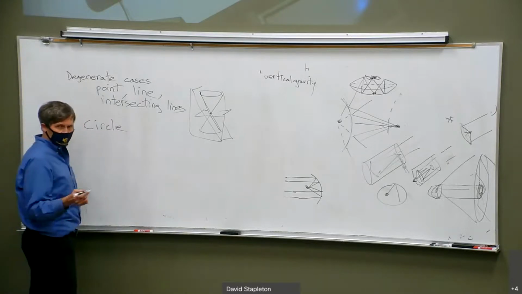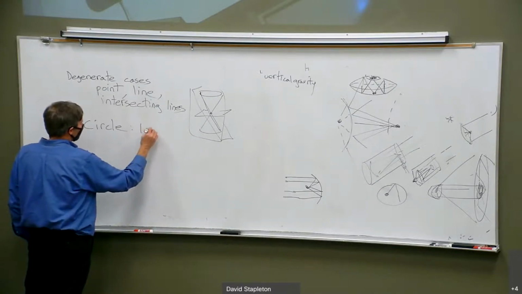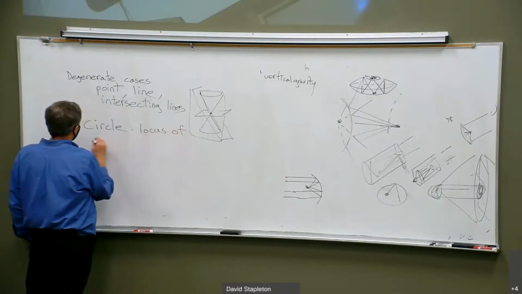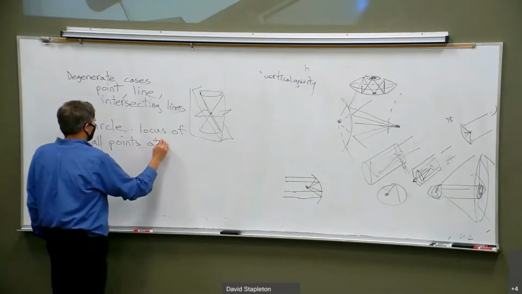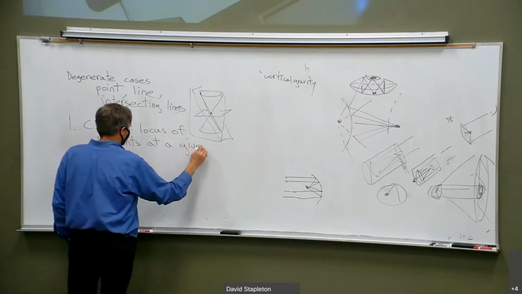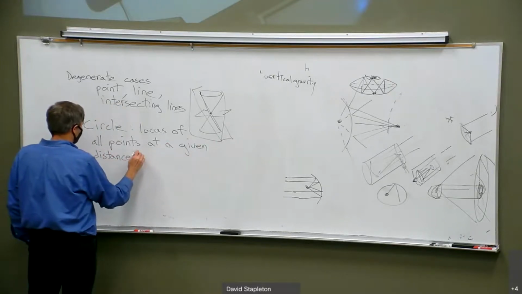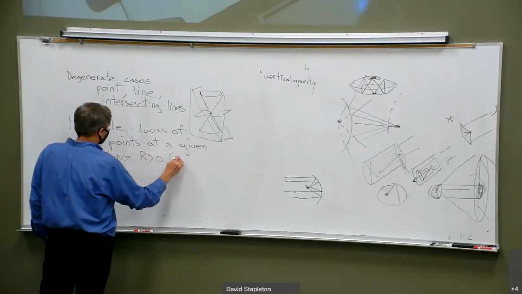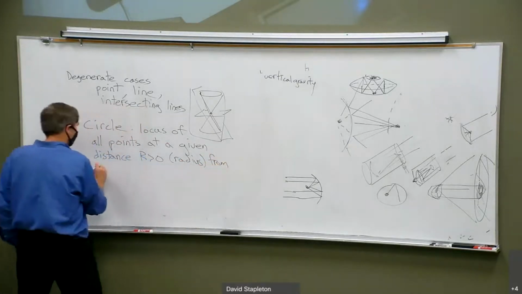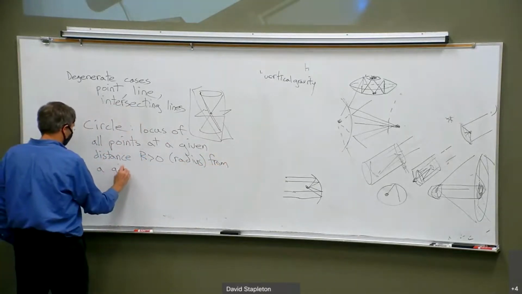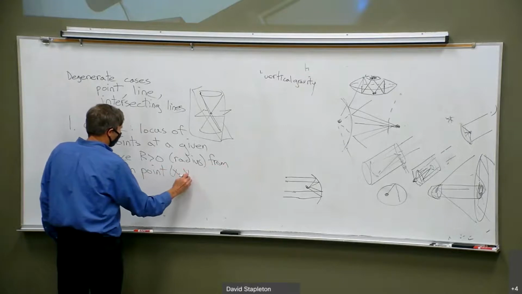I'll say another way to define these things is to say a circle is the locus, or set, of all points at a given fixed distance r greater than 0, called the radius, from a given point x naught, y naught, called the center.